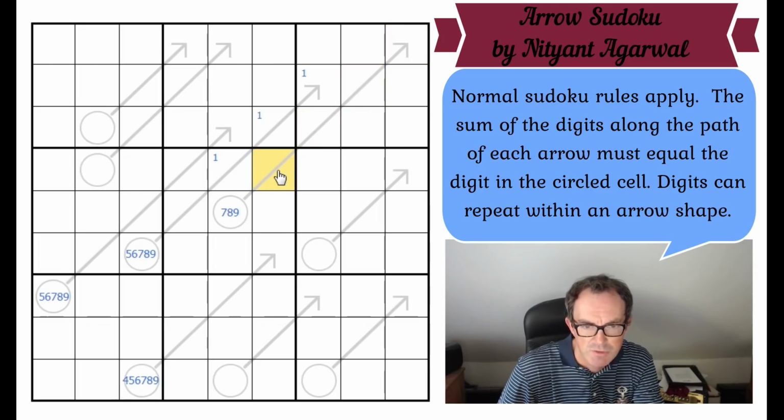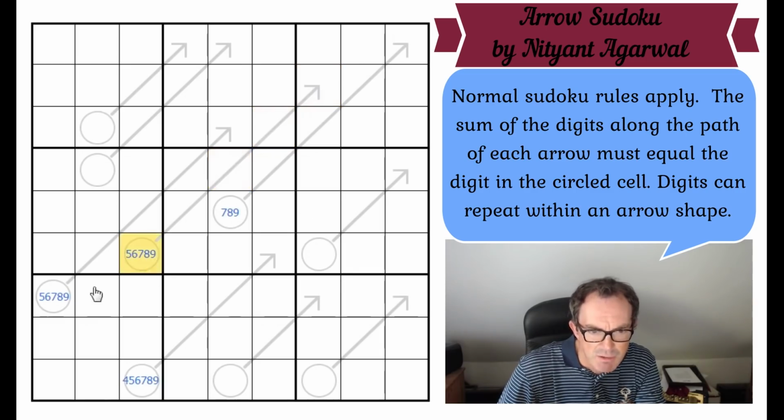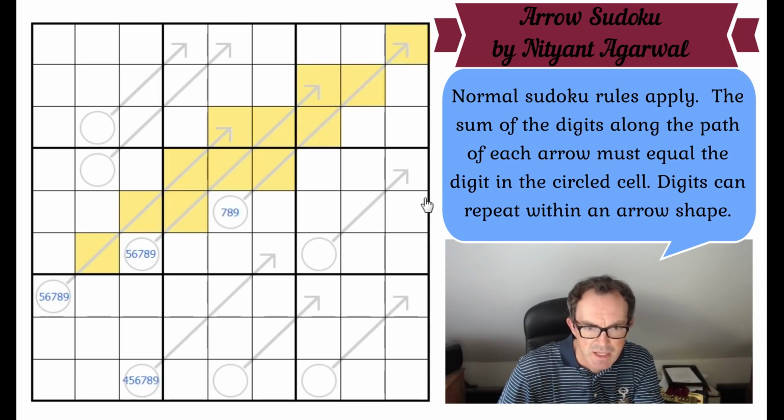This square would still have to be at least 1, and we can't put 10 into this cell. Right, this is important. These arrows are connected to each other. So I'm actually going to highlight all the cells on the arrows, and take a stare.